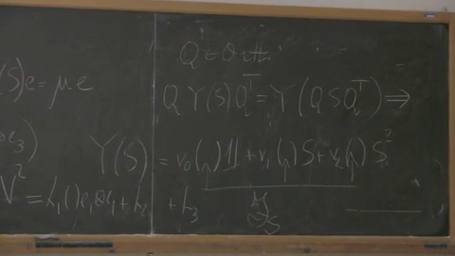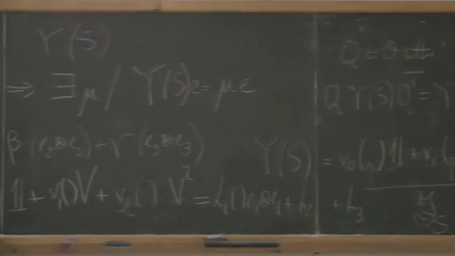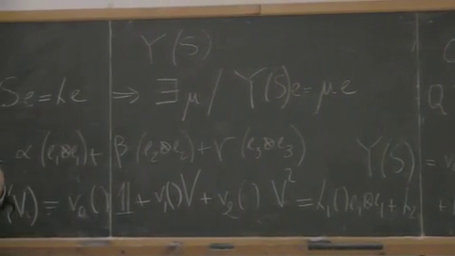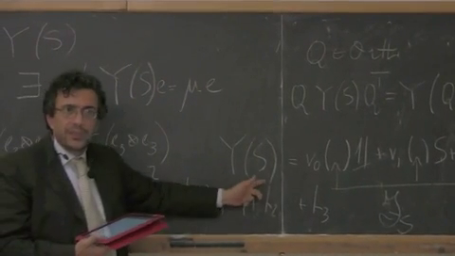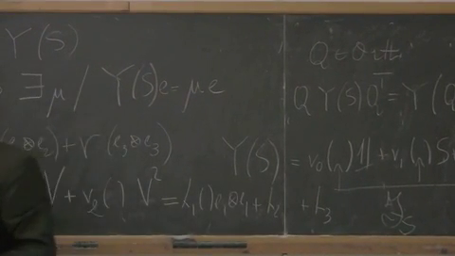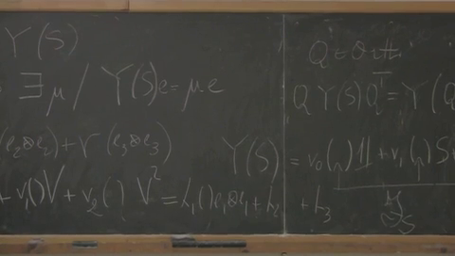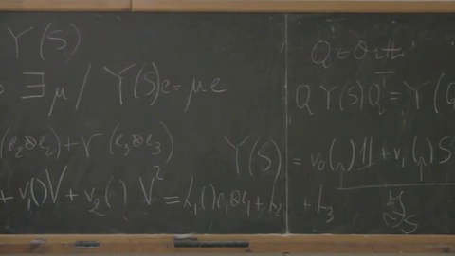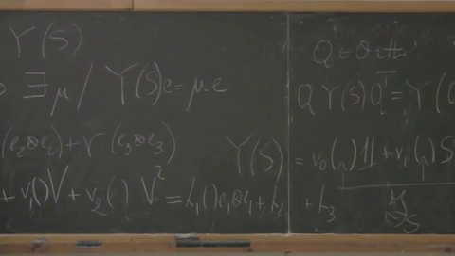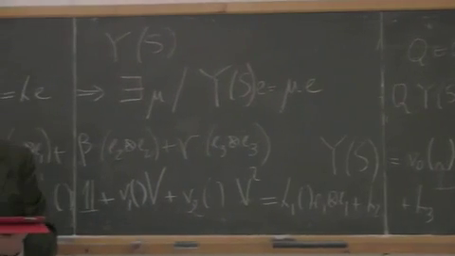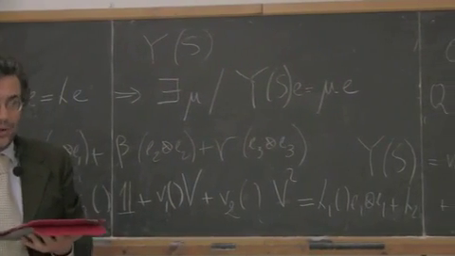The dependence of V0, V1, and V2 on the independent variable. So for completing the proof, we need to prove that V0, V1, and V2 are isotropic. Okay?